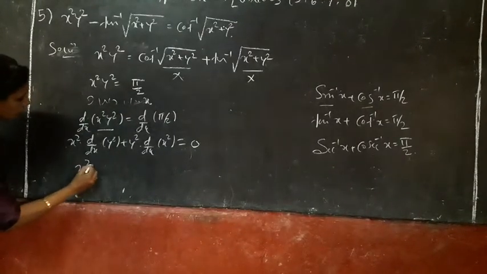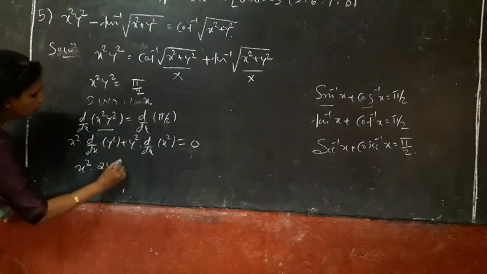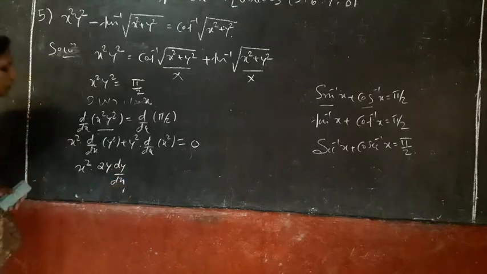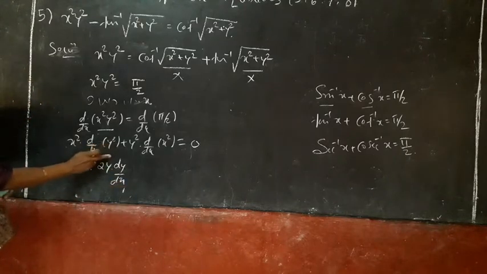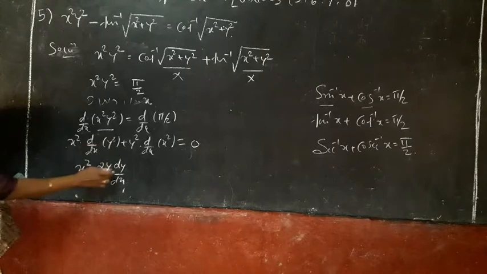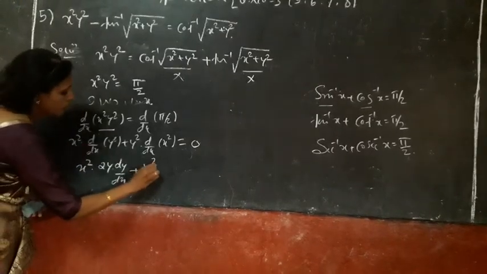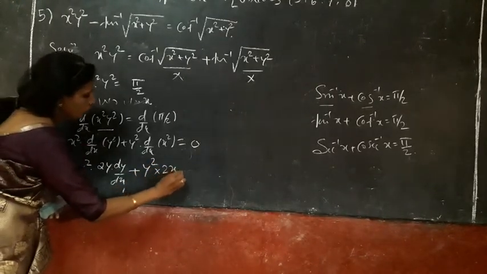X square into 2y dy upon dx, okay, differentiation of y square with respect to x can be written as 2y dy upon dx, plus y square, differentiation of x square is 2x. This is equal to 0.